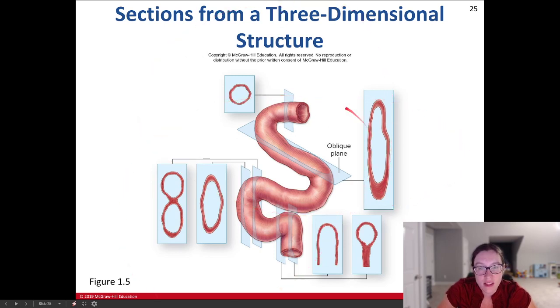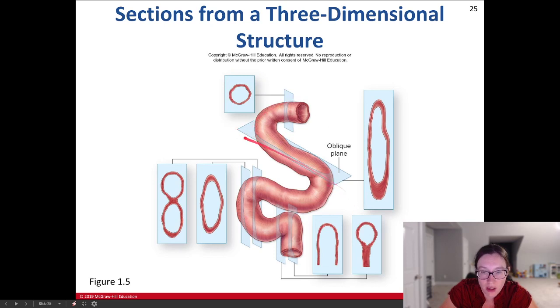And we can look at this too. So let's say this is some of our intestines inside. And we can take different planes through these. Especially if you're going to be doing a CT of the abdomen maybe, or even looking with an ultrasound, you're going to see some of these different structures. So if we cut right through here with this plane, it would look like a circle.